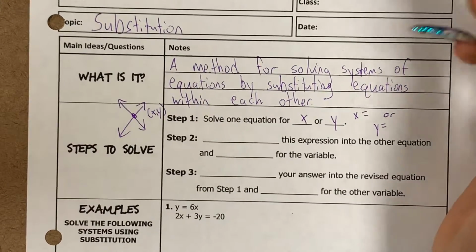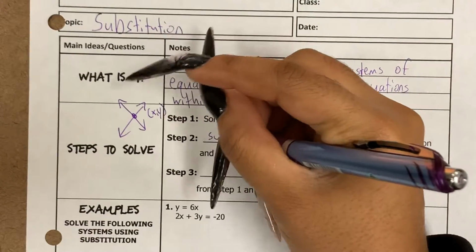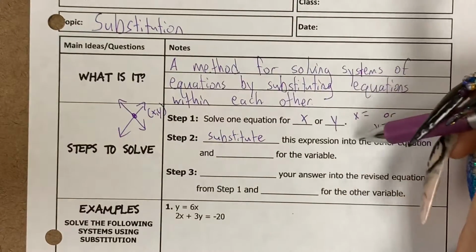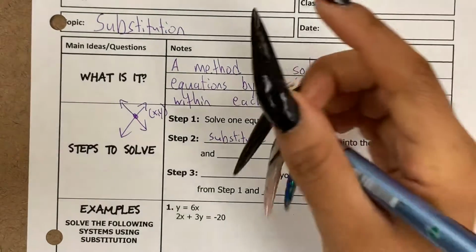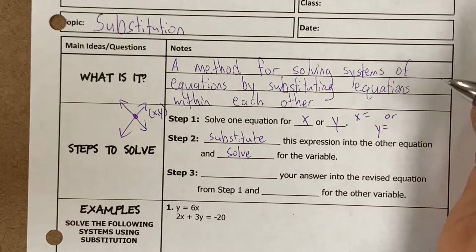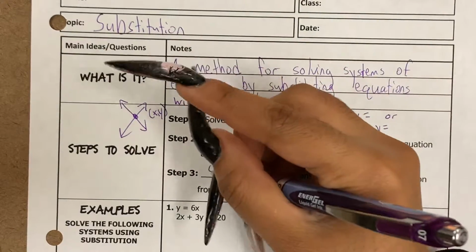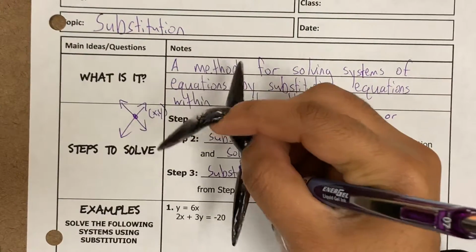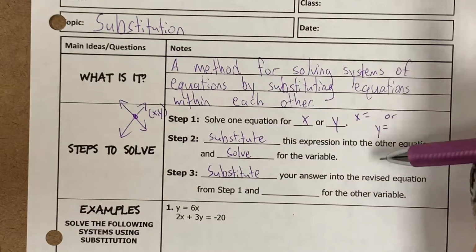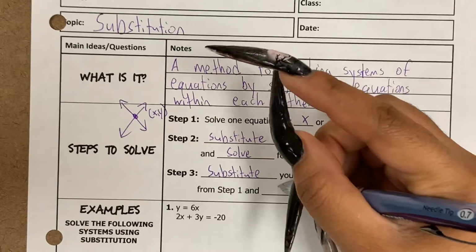So step 2, we are going to substitute this expression into the other equation and solve for the variable. Step 3, we substitute your answer into the revised equation from step 1 and solve for the other variable.